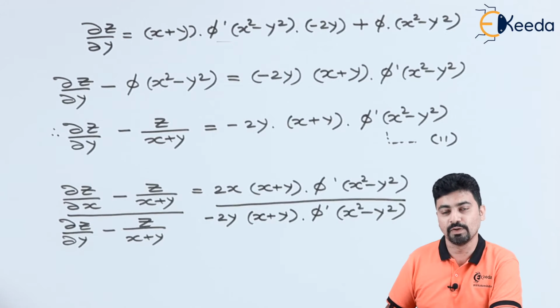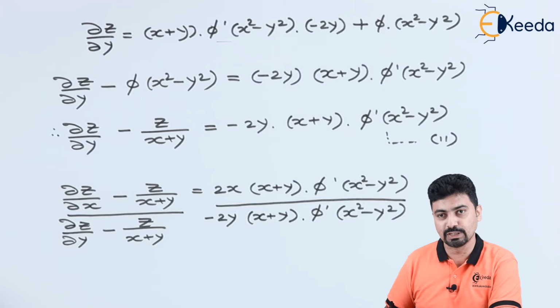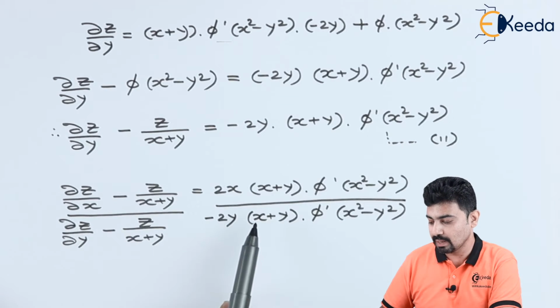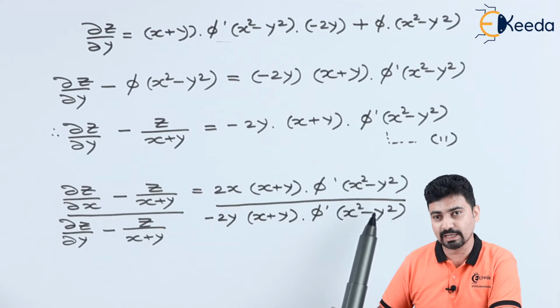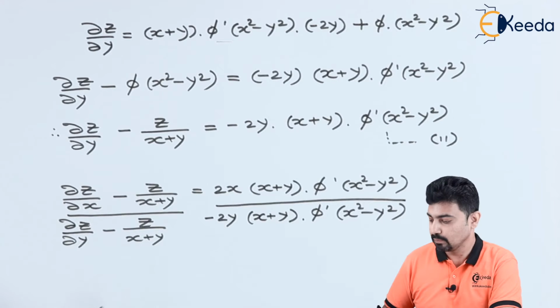This is what we get when we divided equation 1 by equation 2. Now you can see that on the right hand side, x plus y and phi dash of x square minus y square will get cancelled. Also, 2 will get cancelled. What remains is minus x upon y.